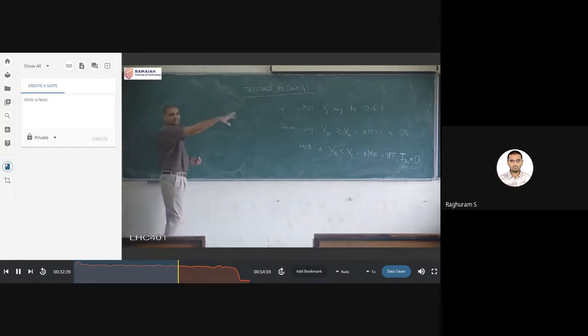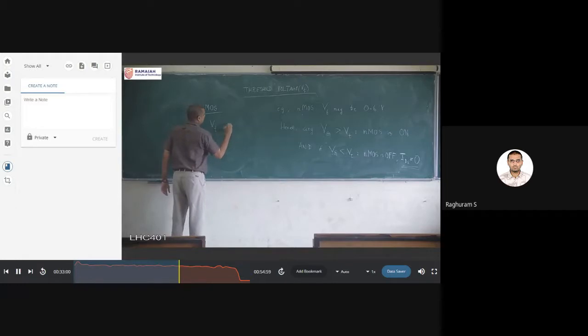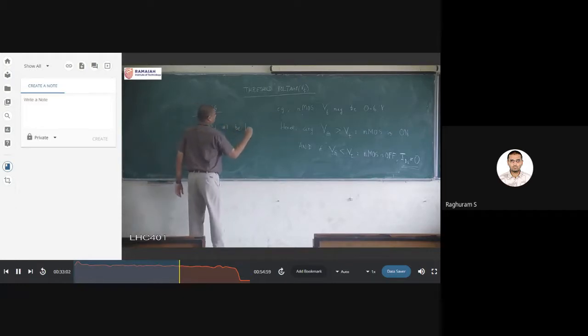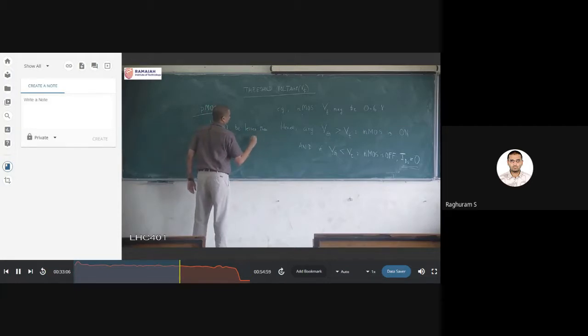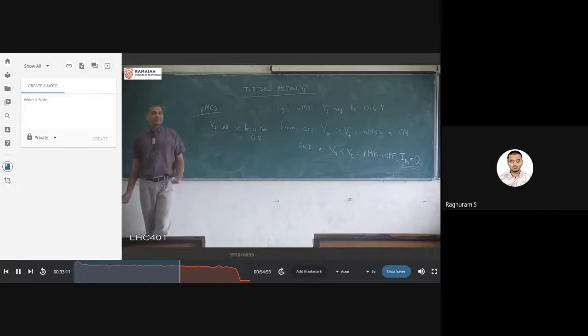That side is NMOS, and this side is PMOS. Because of the structure and the charge carriers, the PMOS threshold voltage will be lesser than 0 volts.